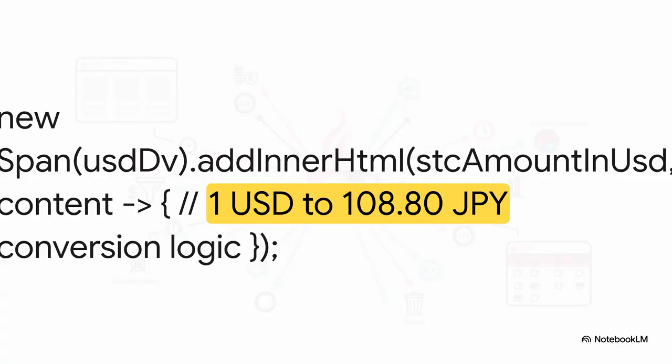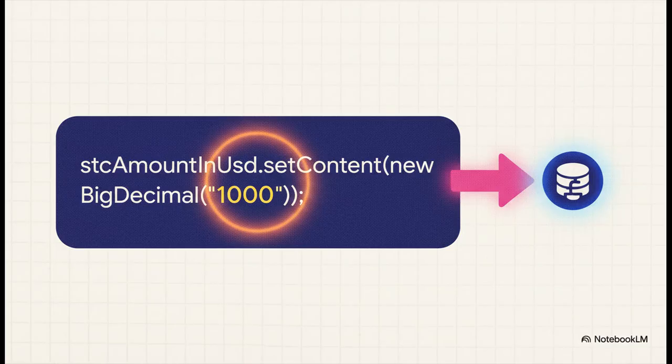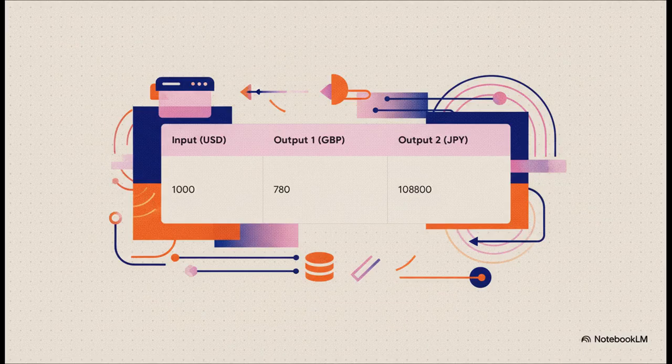We create another span, subscribe it to the very same USD object, but this time we give it a totally different formatter, one that knows how to convert dollars to yen. And here it is, the moment of truth. We make a single update, we set our main STC amount in USD object to a value of 1,000. Remember, just one line of code changes our single source of truth. And would you look at that?